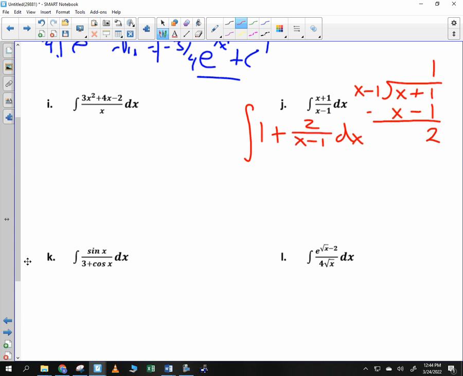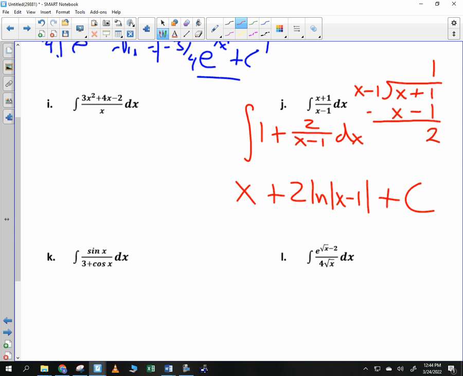And we learned how to divide polynomials last year as well, though we did it at a distance. The antiderivative of 1 is x plus 2 natural log of x minus 1.